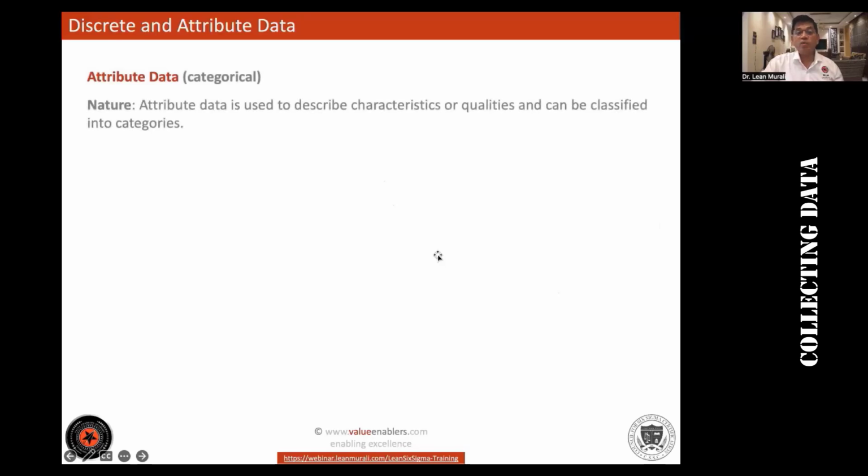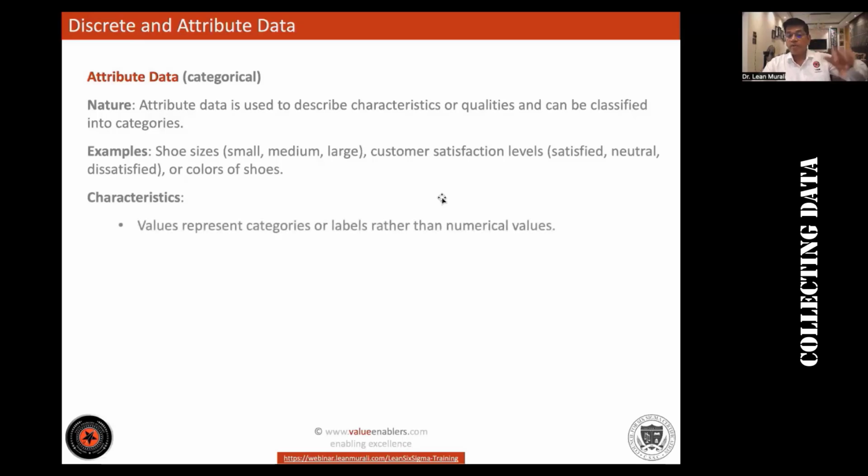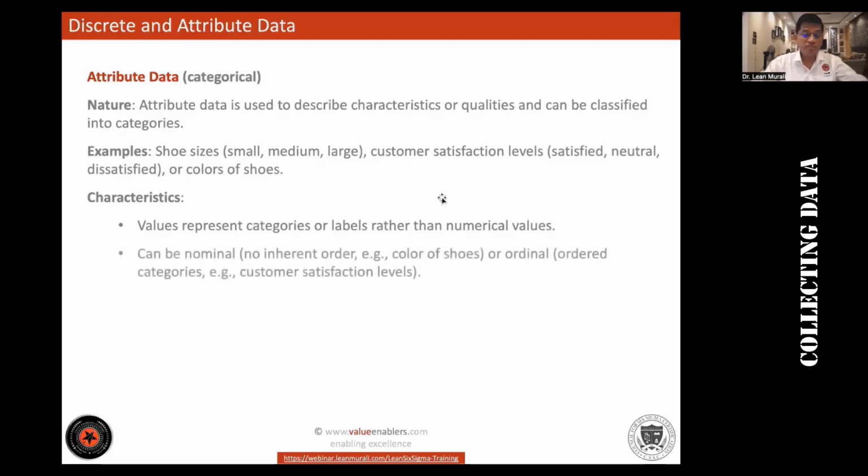Whereas attribute data, we said, is categorical and is used to describe characteristics or qualities and can be classified into categories. We have said that the shoe size is small, medium, large, customer satisfaction level is satisfied, neutral, dissatisfied, or the color of shoes. These are all categories. Its characteristic is that the values represent categories or labels rather than numerical values. We have seen that enough. I'm just going into a little bit deeper understanding of this.